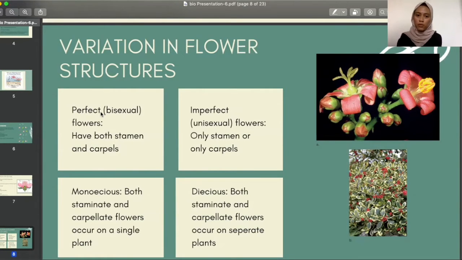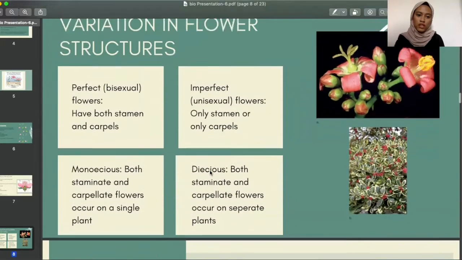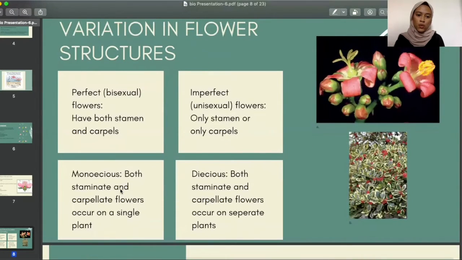But when flowers only have stamen or only carpels, they are called imperfect flowers, also known as unisexual.